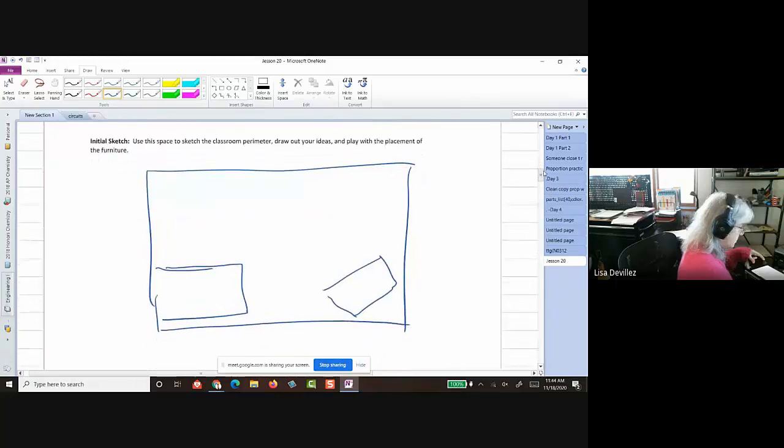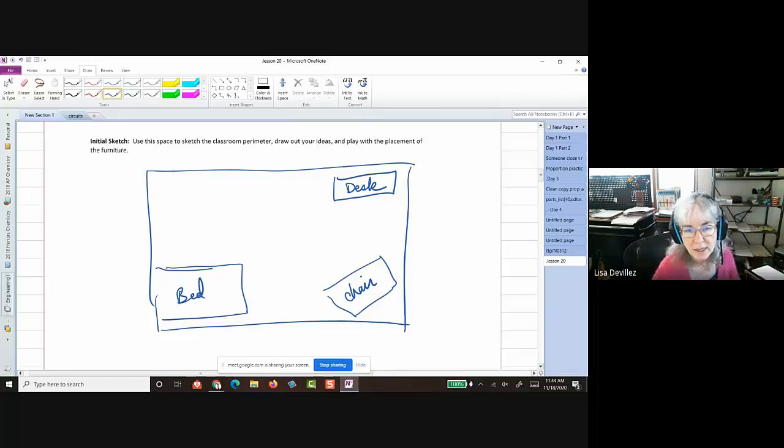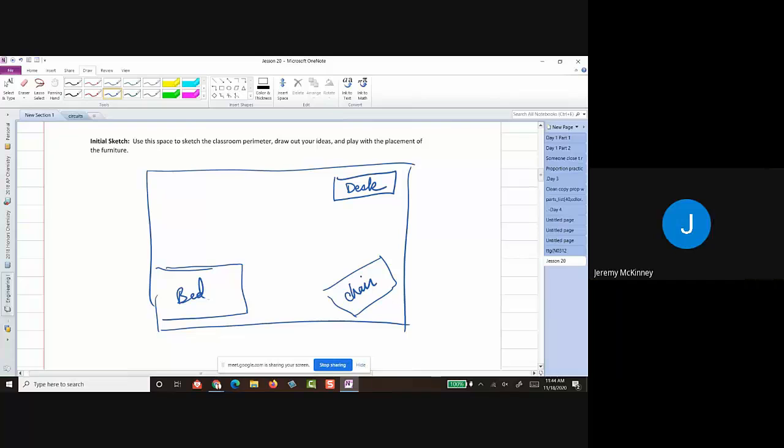So what I need for today is that table with your calculations. Then this will be your general sketch of the layout. Tell me, okay, this is a chair, maybe I have a desk over here, this is the bed. In general, tell me what's going to be in your room.